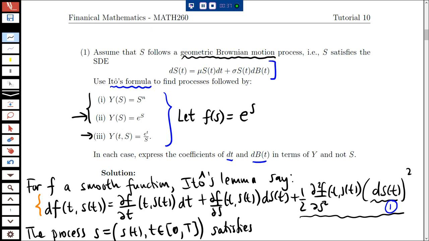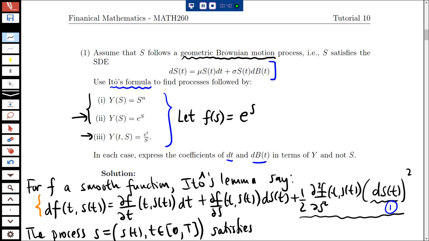Okay, this is going to help us because the process y of t is e to the s of t, and that's basically exactly what we're looking for. So this s here is big S, just viewing this as a small one, just to make them look a little bit different.